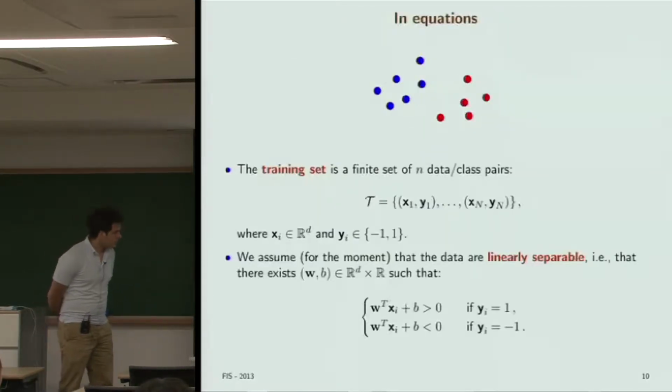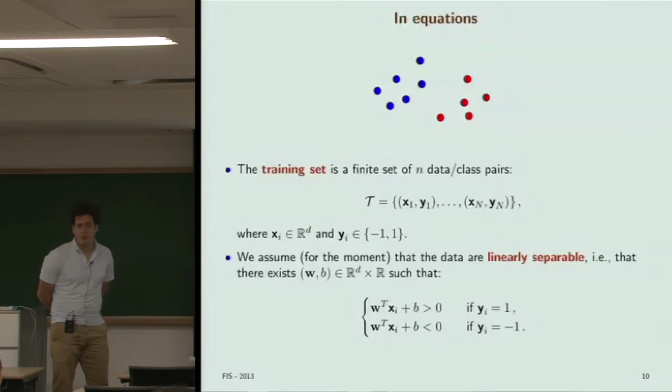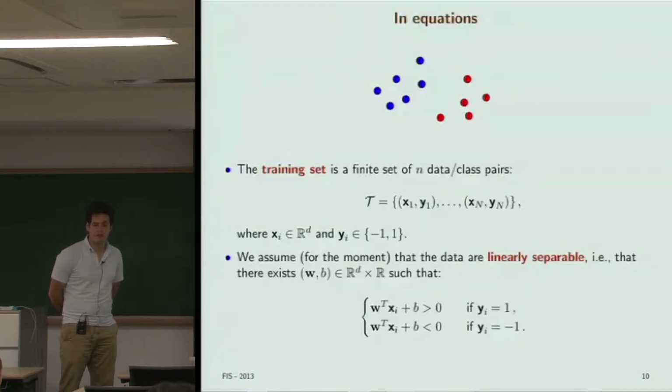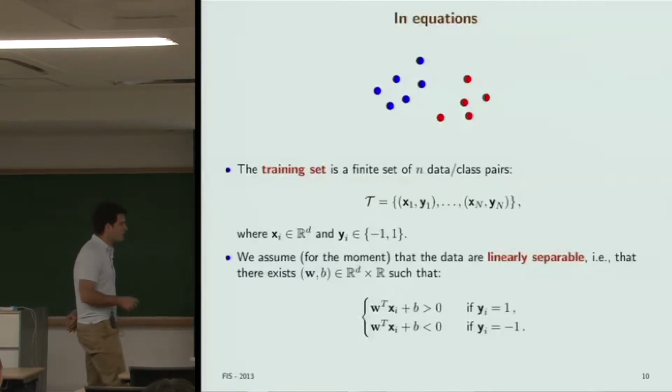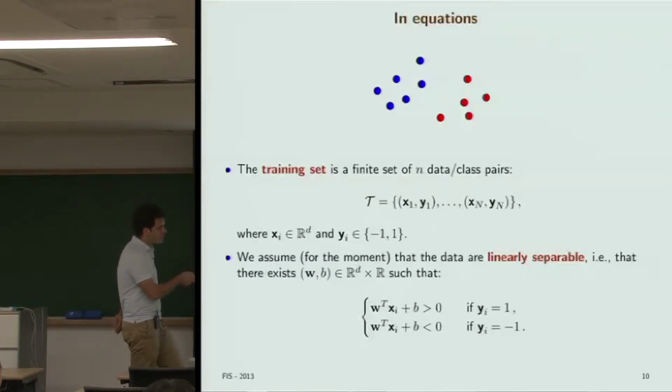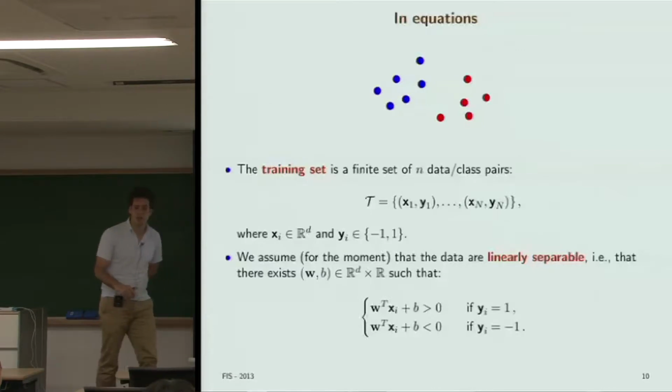So what is exactly the problem that we want to solve in equations? Well, we have a training set of points (x1, y1), ..., (xn, yn). Each x is a vector, each y is a binary label, -1 or 1. And we want to find a hyperplane that separates both. That's the first condition.